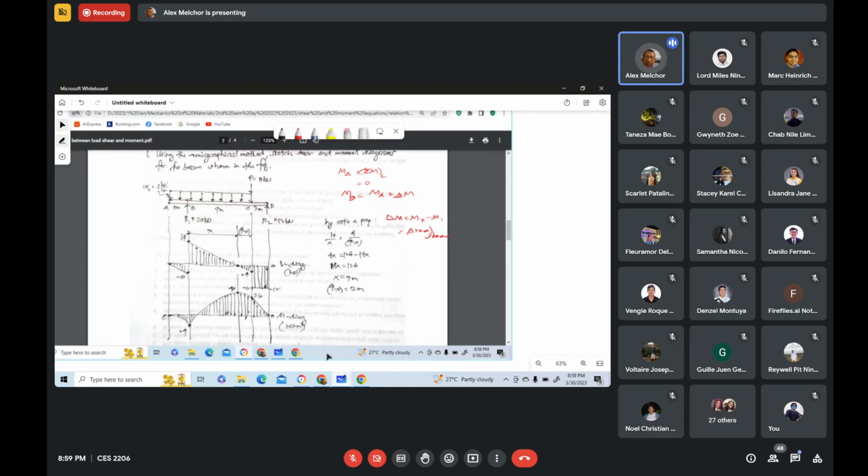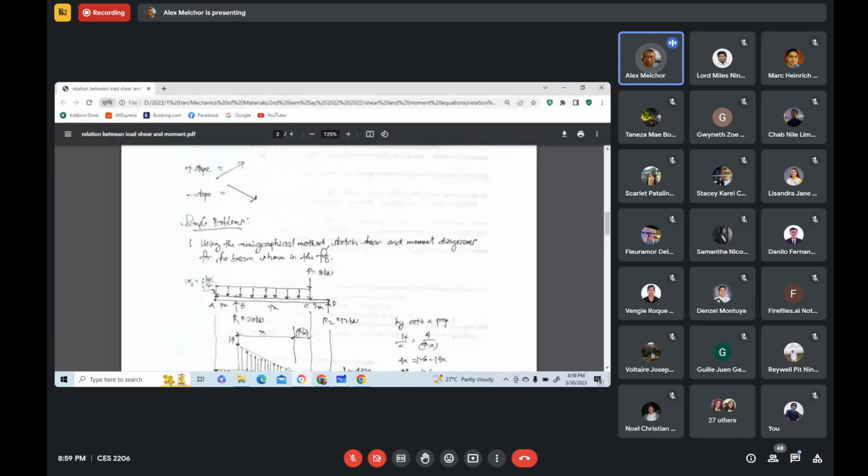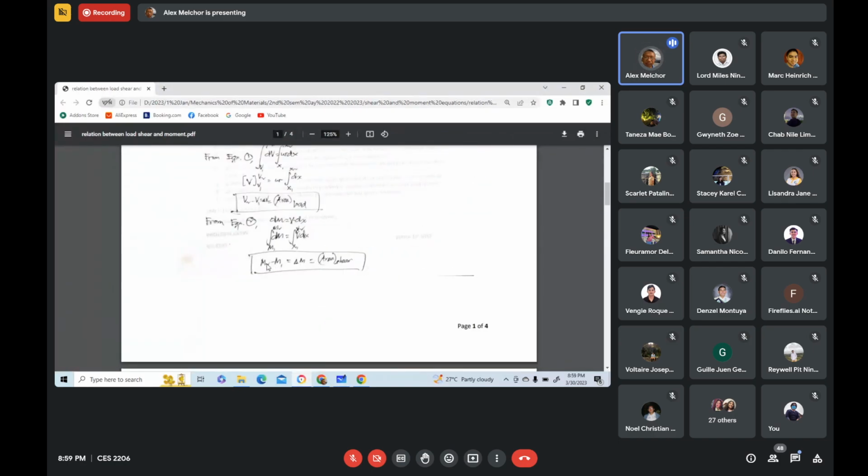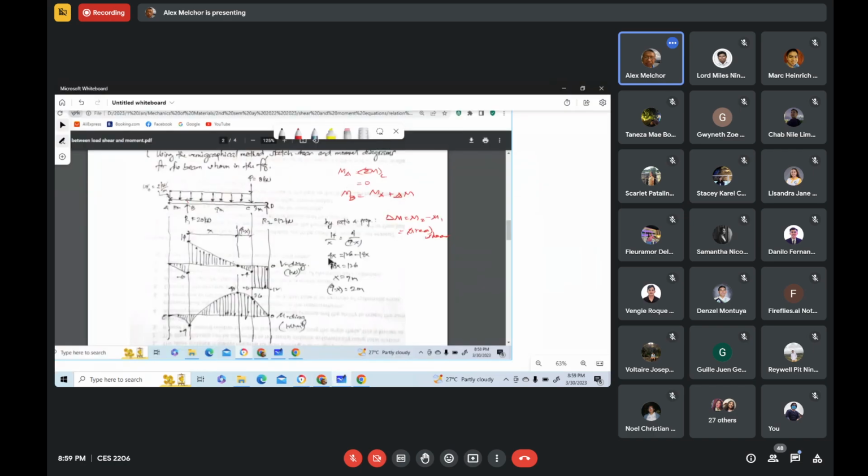The area of shear. That is from this equation here, M sub 2 minus M sub 1, when we integrate, equals the change in the moment, which is equal to the area of the shear. So the area of the shear from A to B is this area.